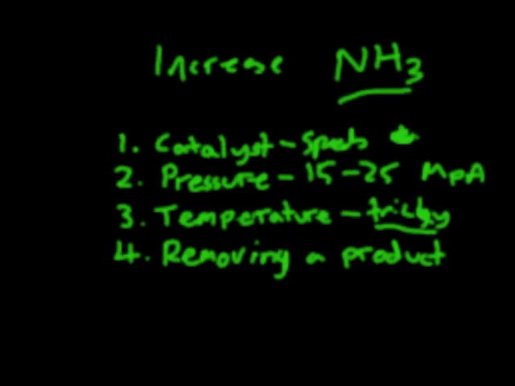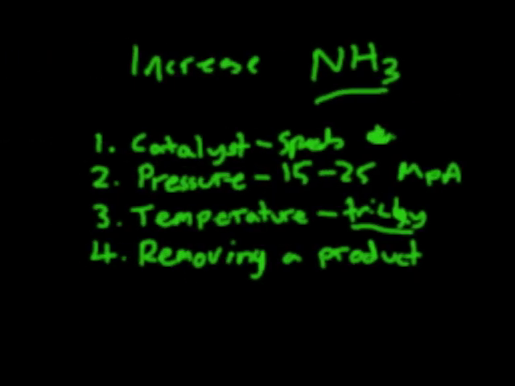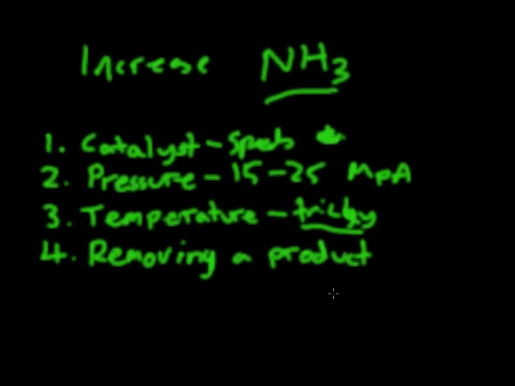And that second effect is that, according to Le Chatelier's principle, temperature will force the equilibrium reaction in one direction or the other, depending whether the reaction is exothermic or endothermic. So it'll go in the opposite way to the heat that the reaction itself creates.